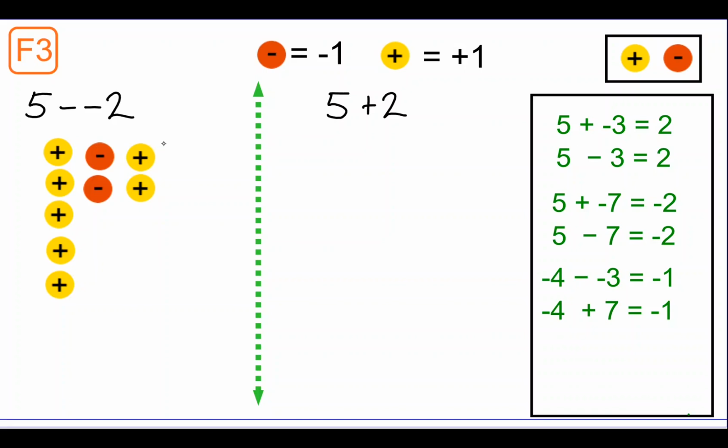You can see here I've introduced 2 0 pairs. They're both worth 0, so the number I can see here is still 5. But now I can take away negative 2. I can take away these 2, which leaves 7 yellow counters.